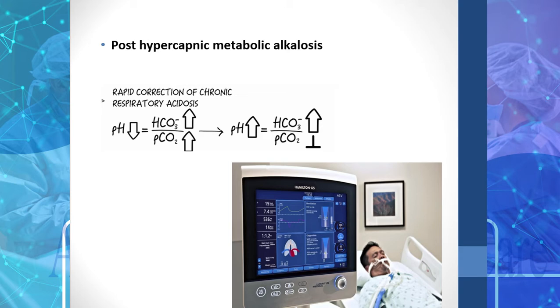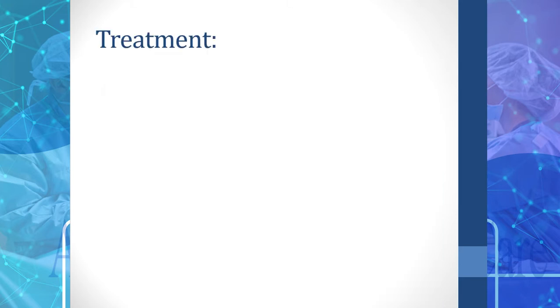It will just help to correct the pH. So we will use acetazolamide if the pH goes above 7.5, to protect the patient from the bad effects of metabolic alkalosis.